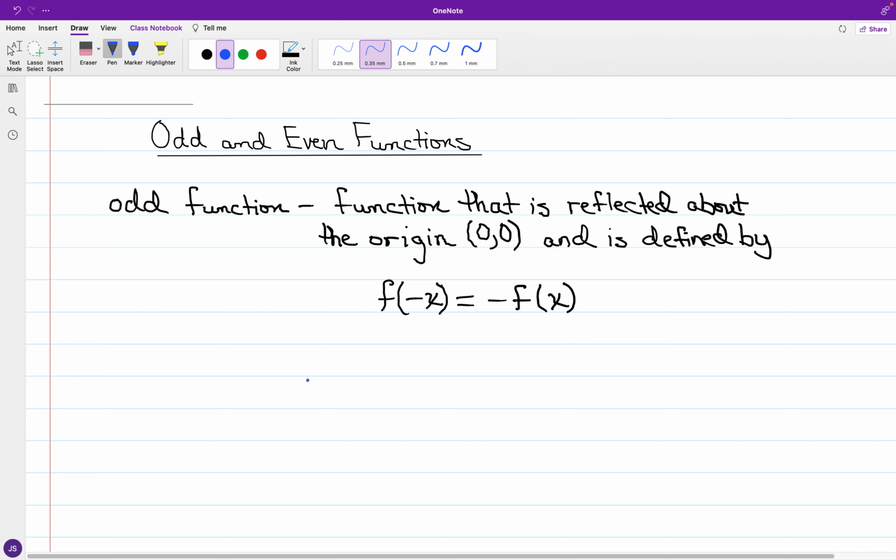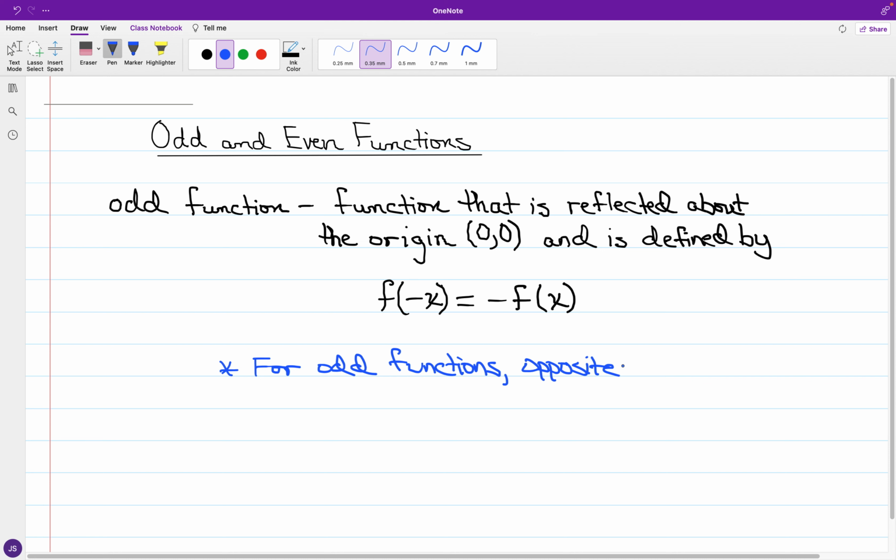And in the case of odd functions, what you're going to have here, in effect, is that opposite sign inputs create opposite sign outputs.